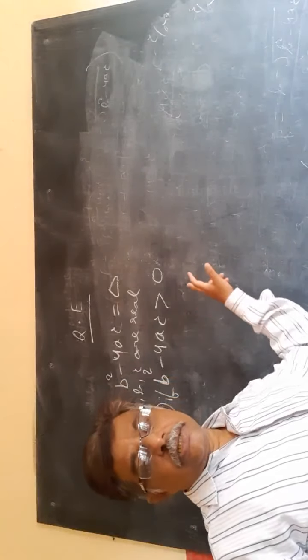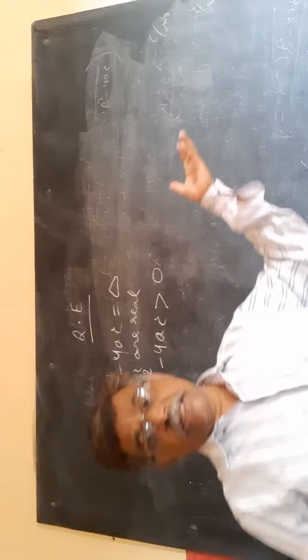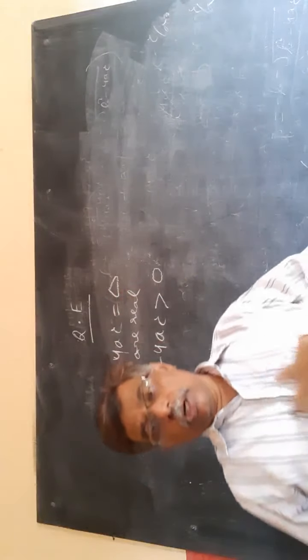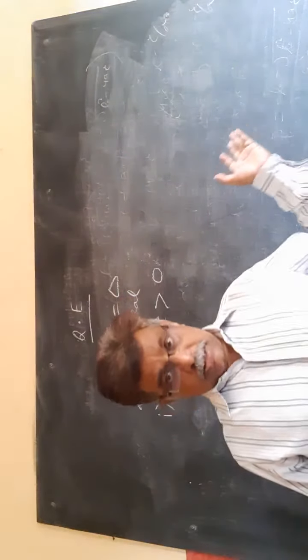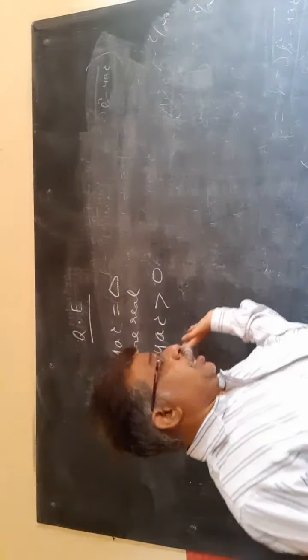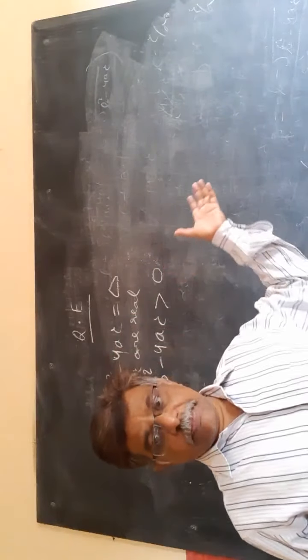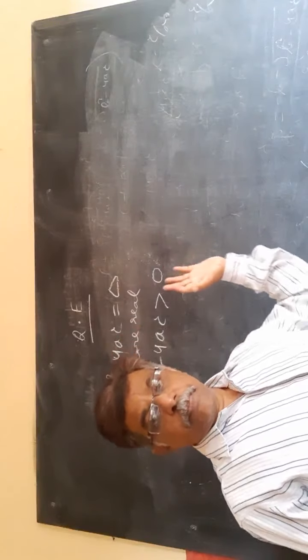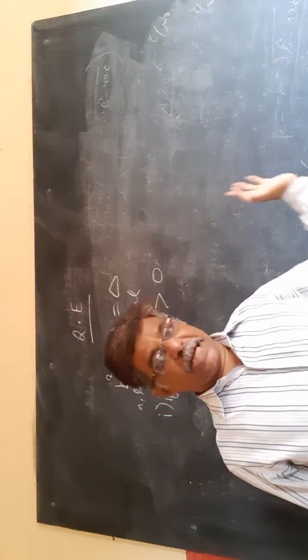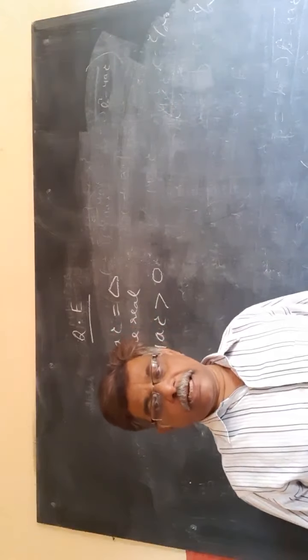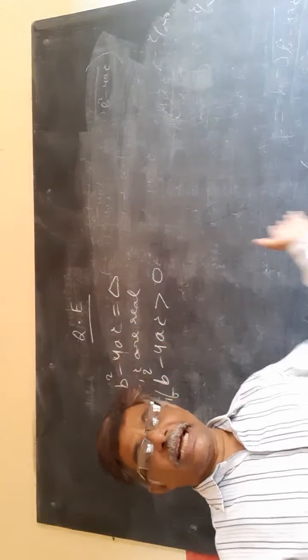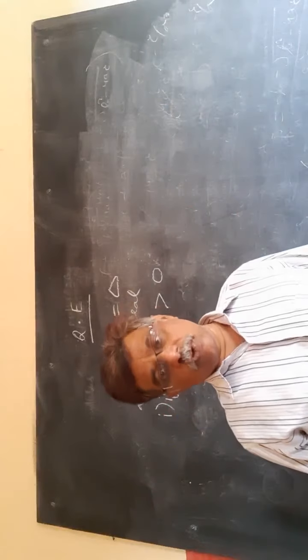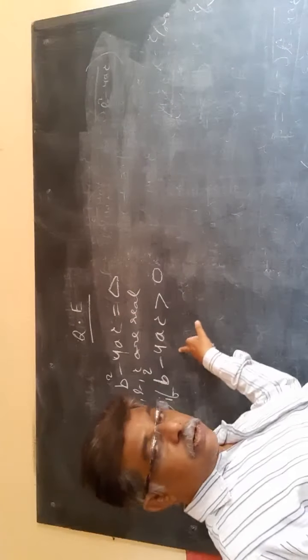If it is greater than 0, we will get a perfect number in the square root, so we will get a rational number. Rational or irrational, some real roots we will get. And both are different because minus b plus root of b square minus 4ac by 2a and minus b minus root of b square minus 4ac by 2a mean two separate roots.